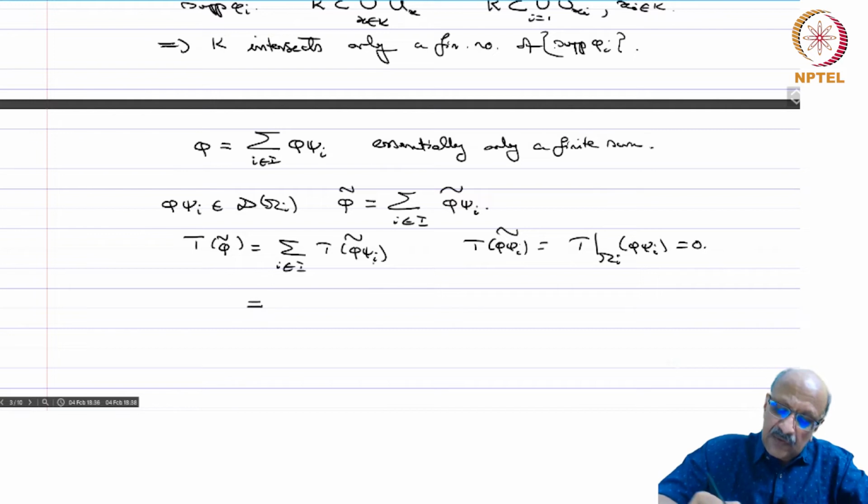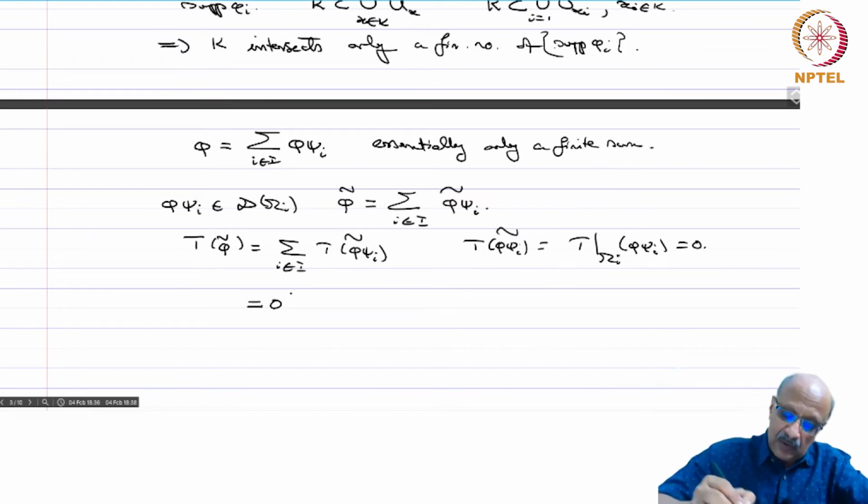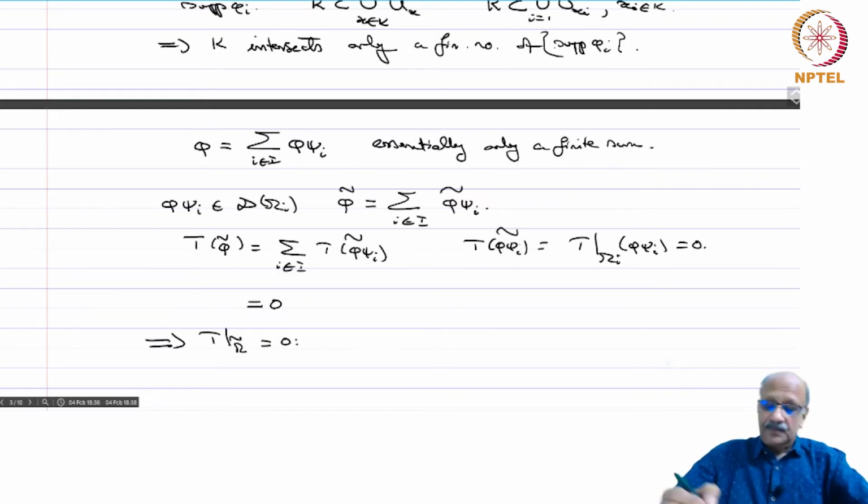So each of these terms, only a finite number of which can be non-zero, are all 0, and therefore T of φ tilde equals 0. So this implies that T restricted to ω tilde is 0.